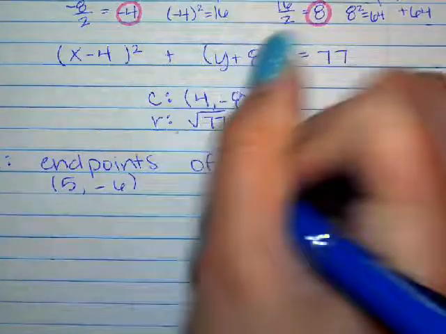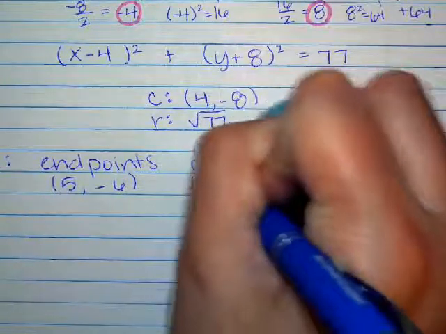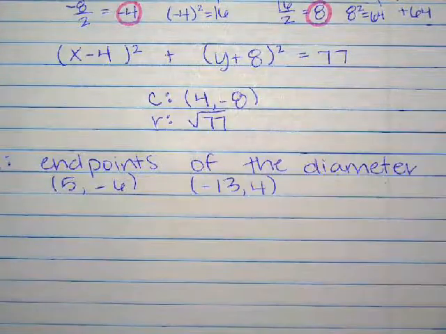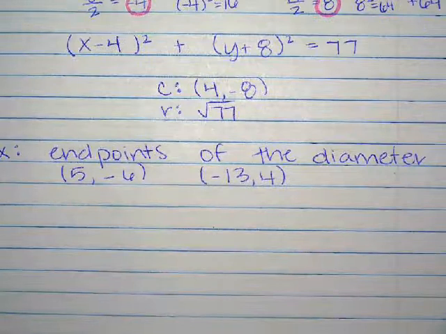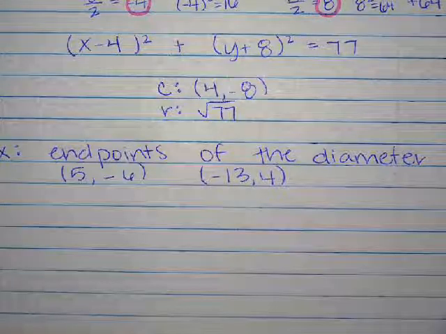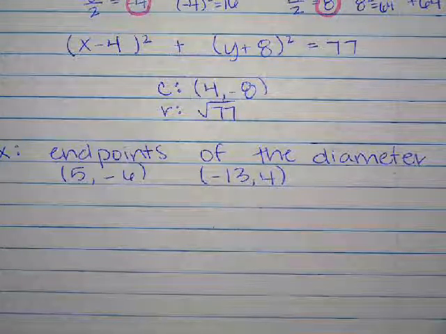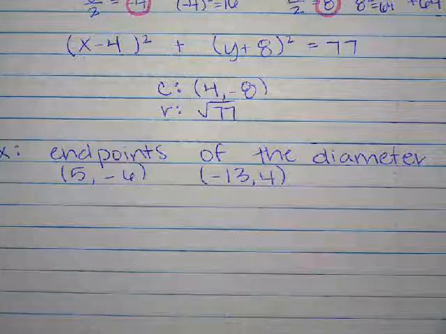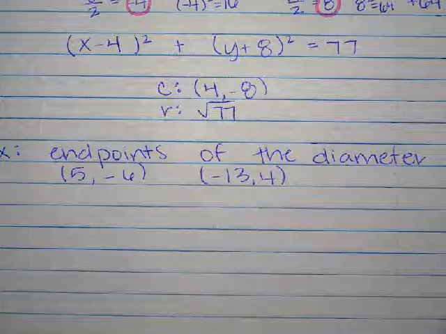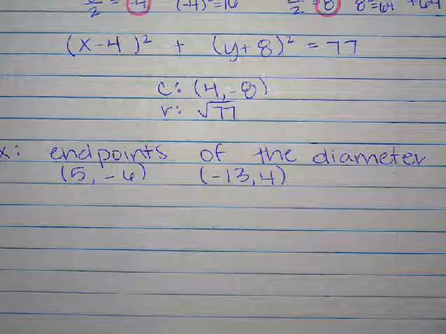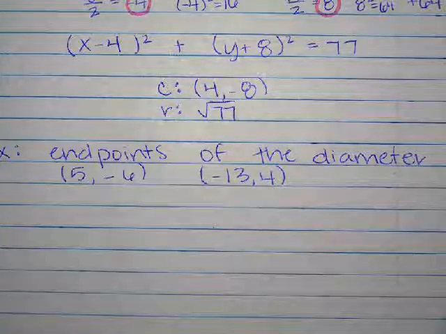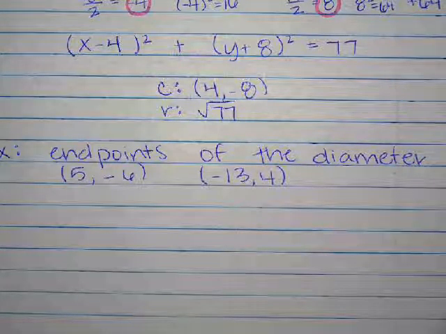And one of the points is going to be negative 13, comma 4. So these 2 points are endpoints of the diameter. They're on one edge of the circle, they're on the other edge of the circle. What are we going to do with them first?